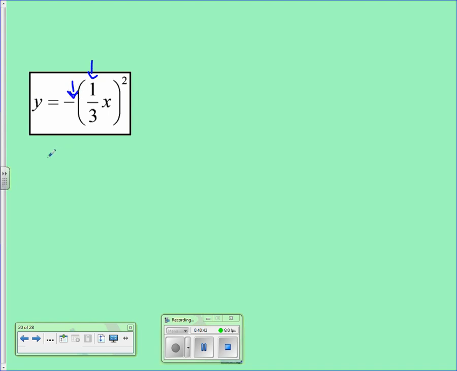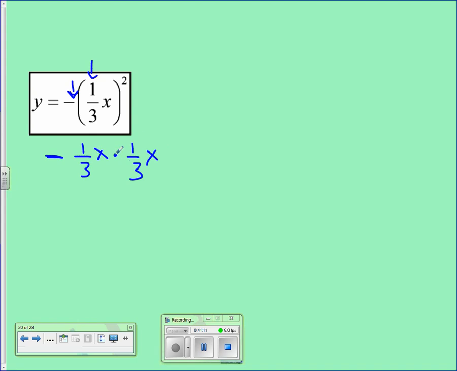So keep your negative in front. 1/3 x squared can be rewritten as 1/3 x times itself. 1/3 x. And guys, if you want to pause this to go ahead and work it on your own, and then you can play it to see if you did it right, that would be a great idea.